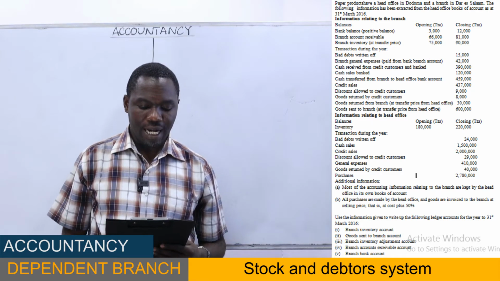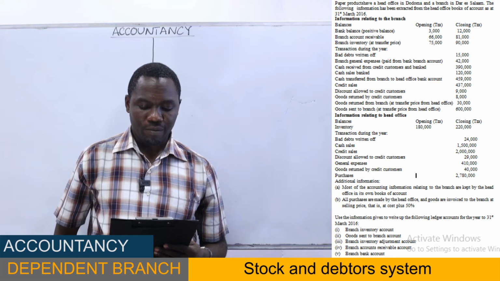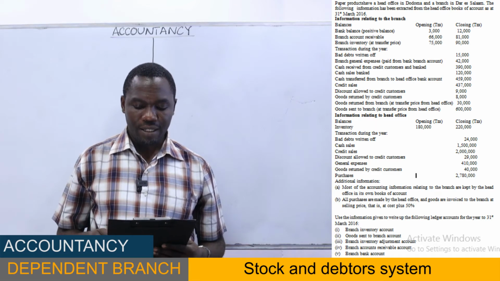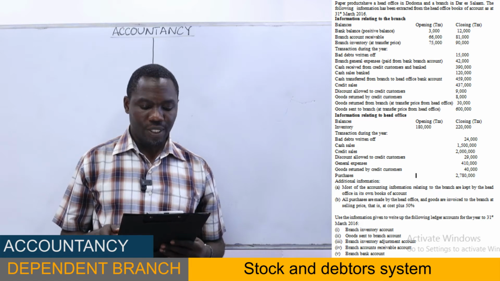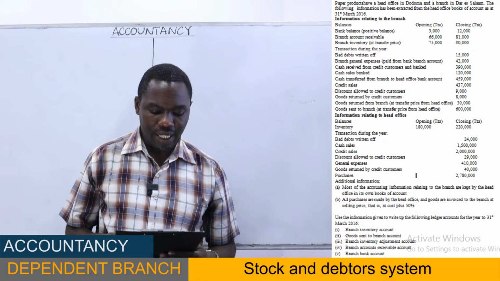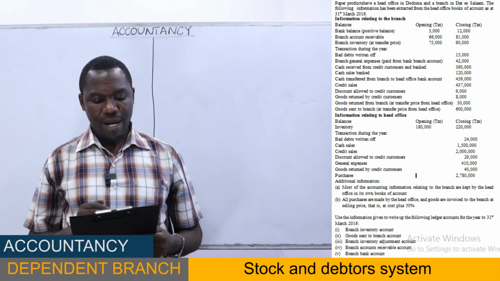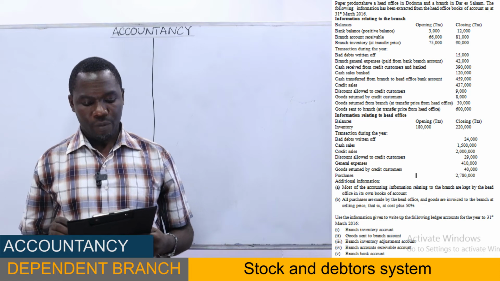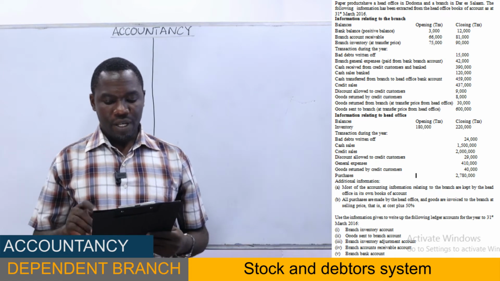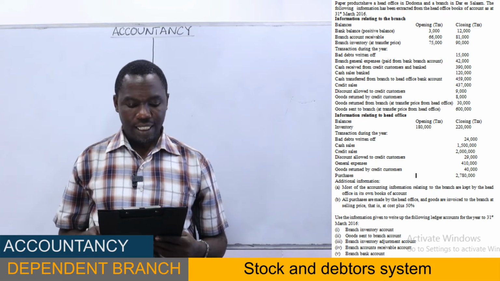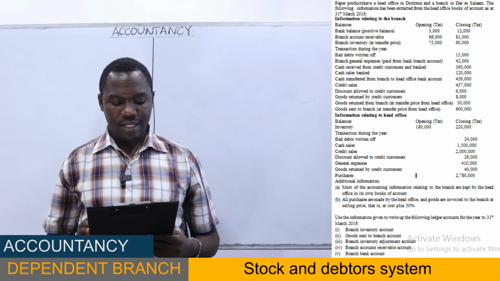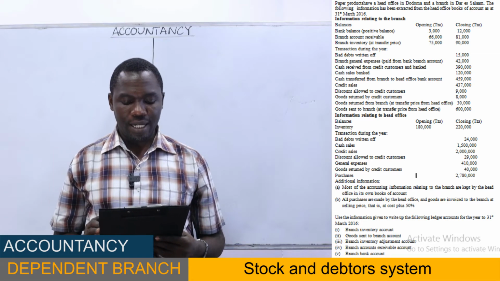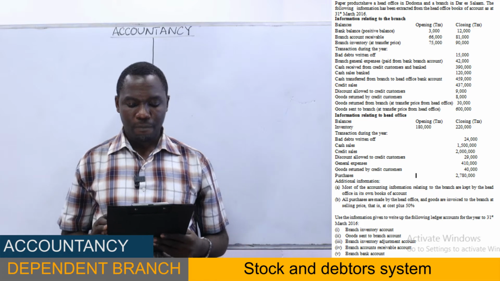Branch inventory account at transfer price, 75,000 opening, 90,000 closing. Transactions during the year, we have bad debts written off. This was 15,000 TZS. We have branch general expenses. This paid from bank branch account.